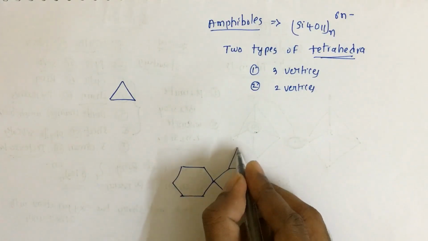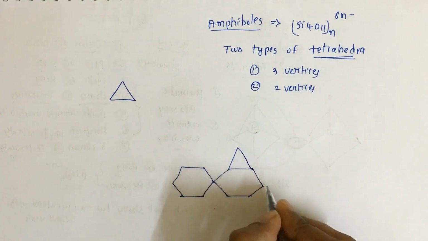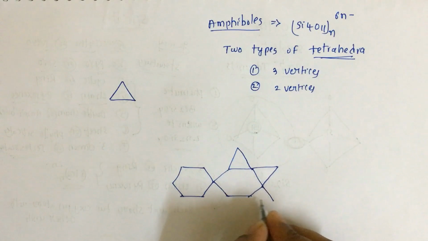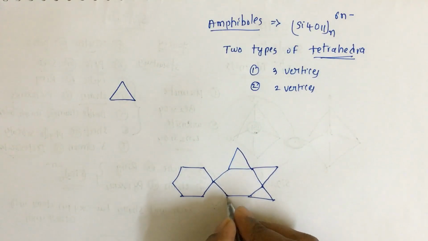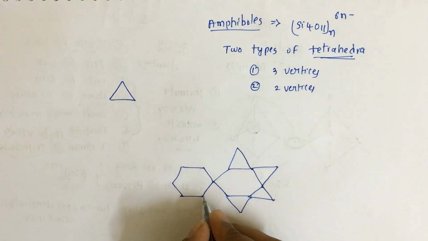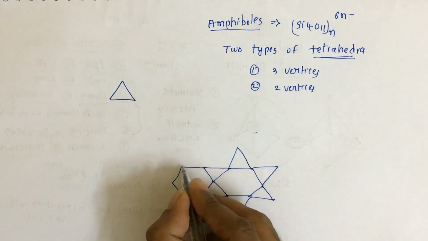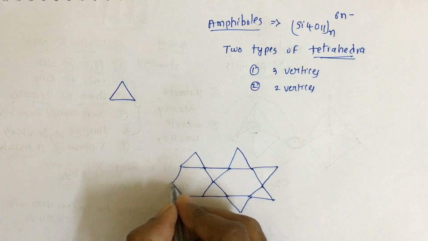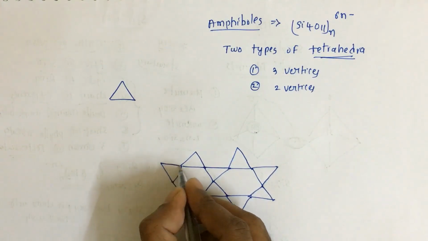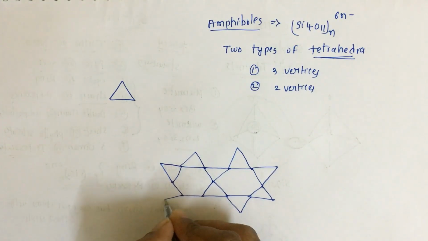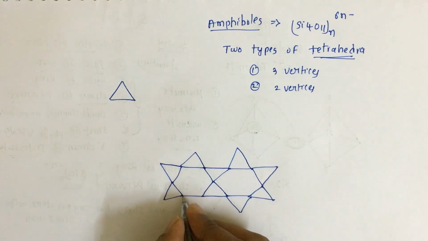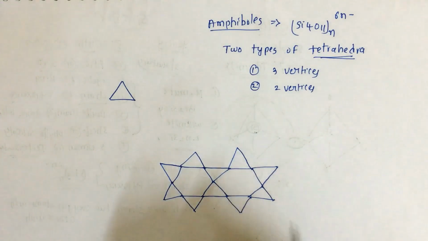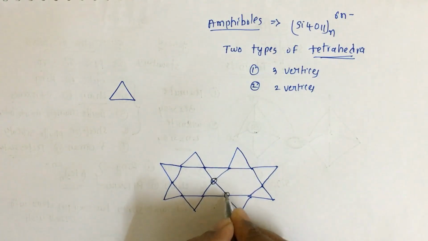Now here one triangle, then another triangle, another triangle, another triangle, like this. And now we'll keep the oxygen atoms.